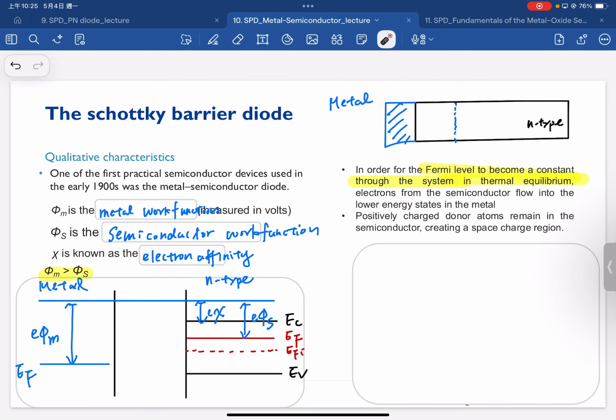Therefore, this has to align with this one. Now that this is in the same system, the Fermi energy must be constant. So once these two materials contact each other, there must be something that changes.